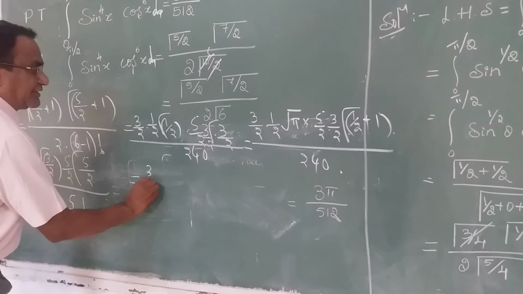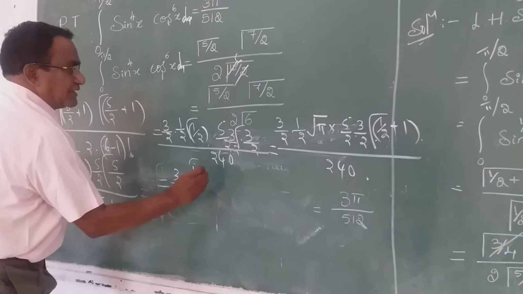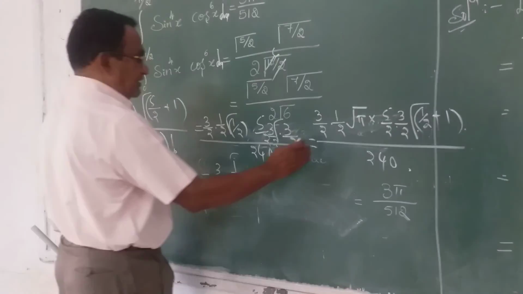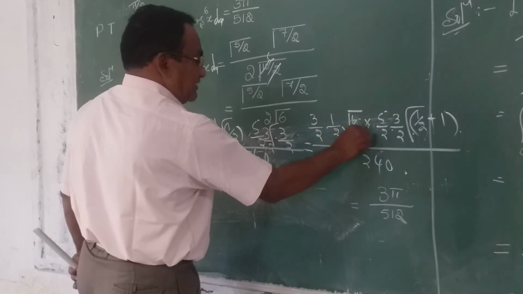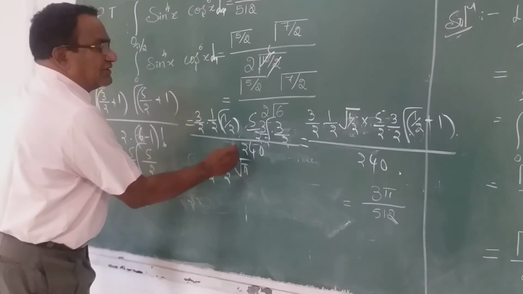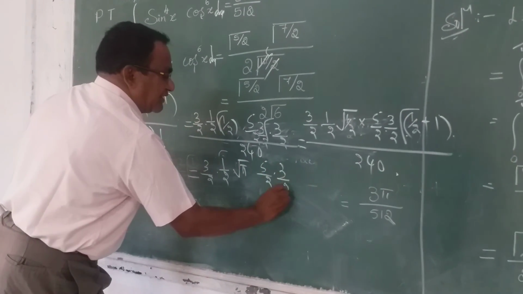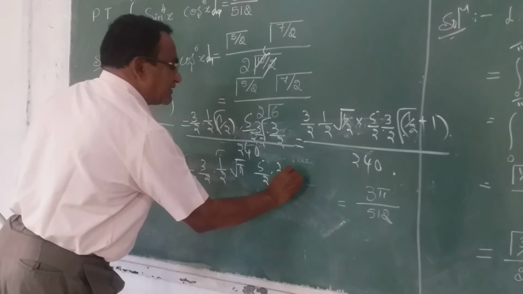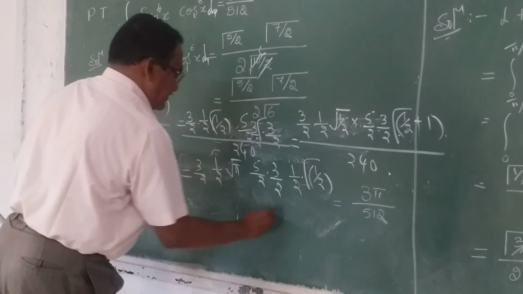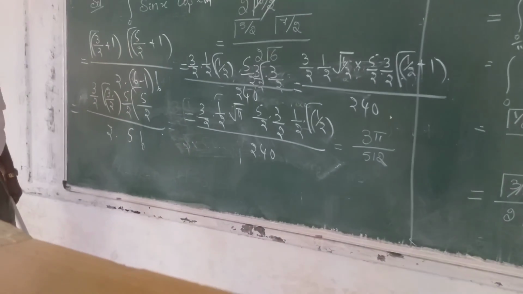It is 3 by 2 into half into root pi. Gamma half is root pi, that I have written. Root pi you write it as it is, 5 by 2 into 3 by 2 into gamma half plus 1, once again it is half into gamma half, divided by 240.